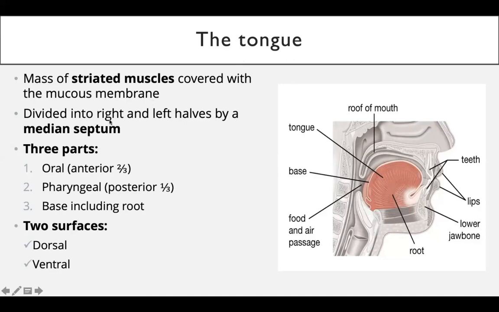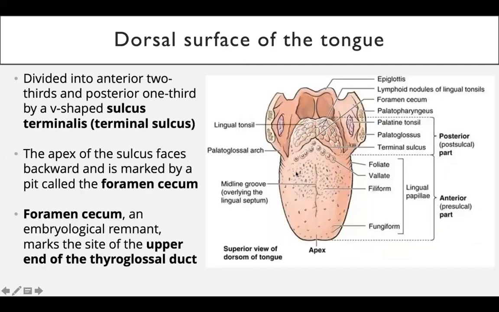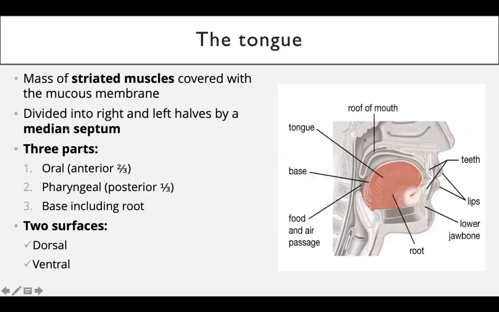It's divided into right and left halves by a median septum. If you see it anteriorly, on the dorsum of the tongue, the dorsal surface, you can see a midline groove overlying the lingual septum. This is known as the median septum, and the groove is known as the midline groove.